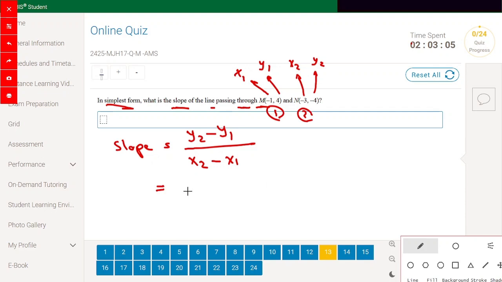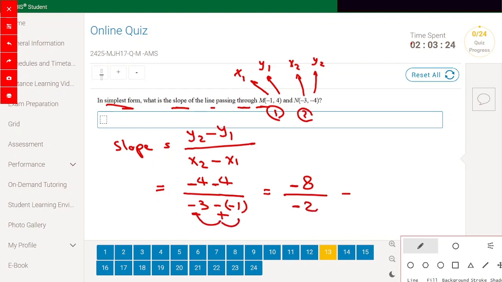So it will be equal to minus 4 minus 4 divided by minus 3 minus minus 1. So here it would be minus 8 divided by minus 3 plus 1, which is minus 2. So it will be equal to 4. So the answer here is 4.